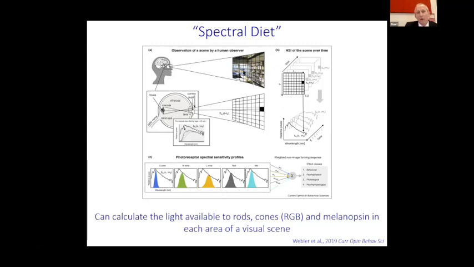Much of the laboratory data we have on this uses full field illumination, where the whole visual field is exposed, as opposed to the natural light environment under real world conditions, where eye movements and head movements mean the light falling across our retina is constantly changing, which may mean we have different contributions of photoreceptors too.